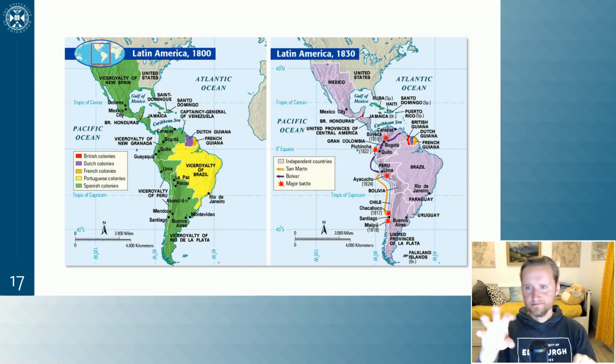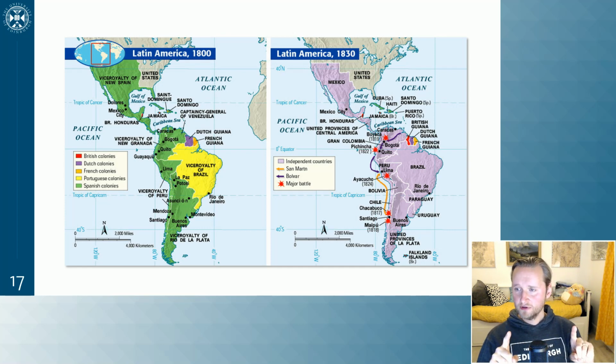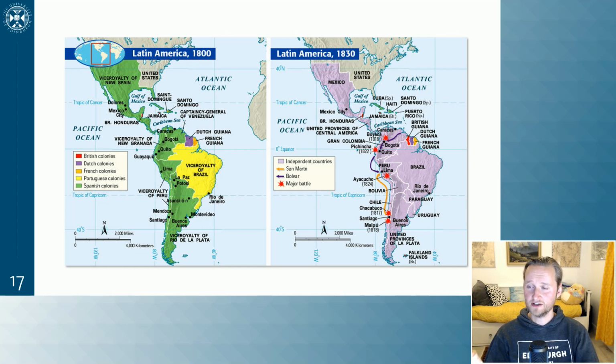So nationalism, just one quick illustration. If you look at Latin America here in 1800, you still see that basically all of Latin America is still colonized, still has colonial overlords, be they British, very few of them, be they Dutch, French, Portuguese, or Spanish. Now, if you look just 30 years later, you will see that almost every single country in Latin America and South America has become independent.